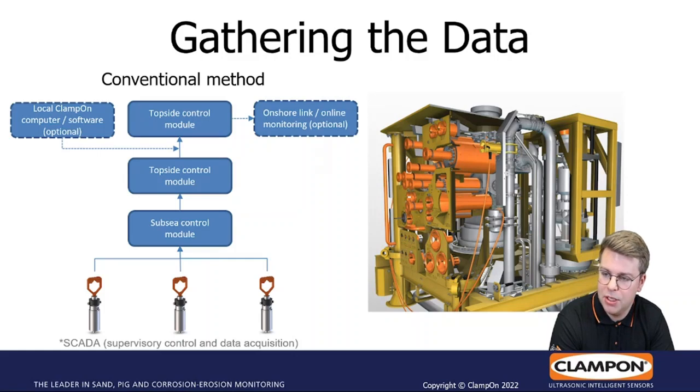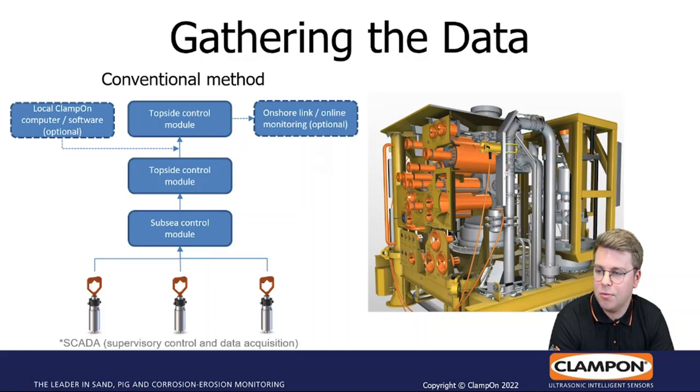On the left there you see some schemes. So you have, for example, 3 sensors, which is then talking to the subsea control module and then sending the data upwards to the topside control module.